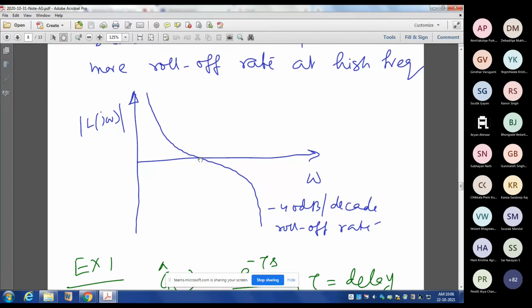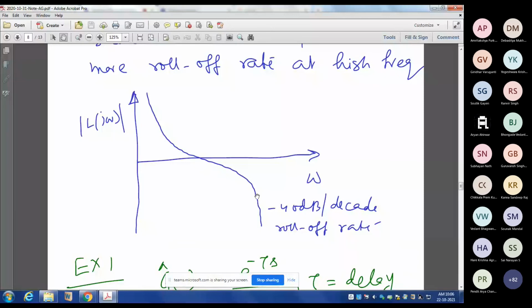But we'll see, if you use a PD controller or PID kind of controller, or state feedback control, the problem is that the high frequency roll off rate reduces a lot. It will be maximum minus 20 dB per decade, because of derivative action. With a PD controller you will not be able to get minus 40 dB per decade roll off.